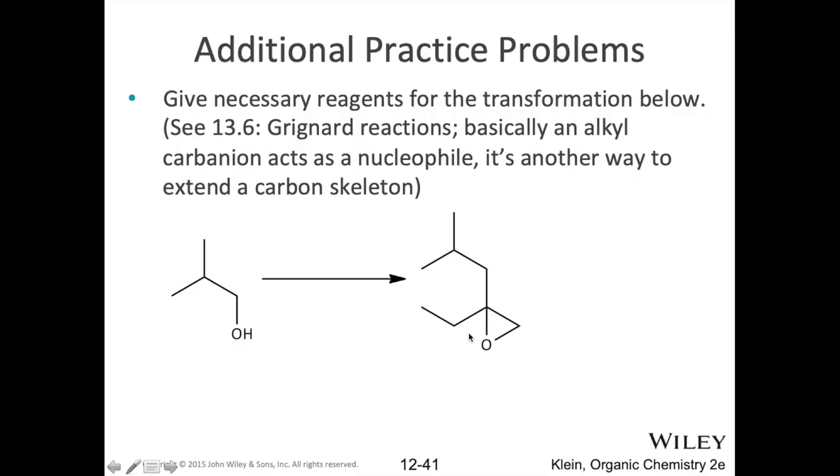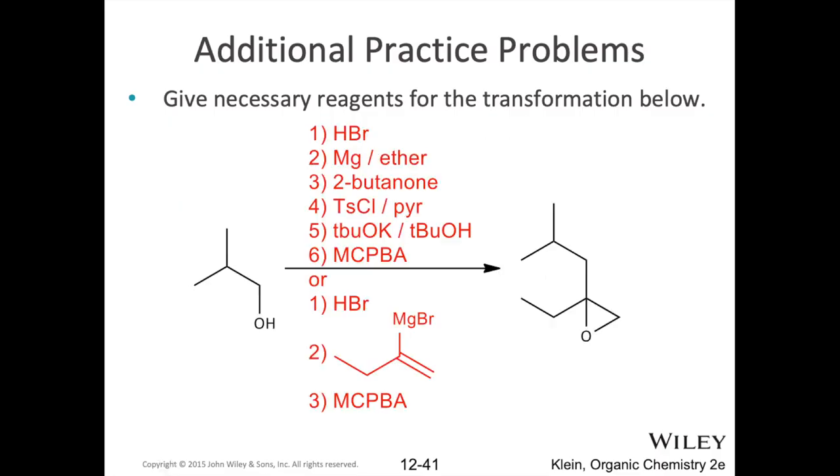Okay, so notice that we have an epoxide here. So again, you could probably make that using MCPBA and work backwards from there. So there was probably an alkene over here, right? Notice the carbon skeleton is also extended. So ask yourself, how could you have extended that carbon skeleton? All right.